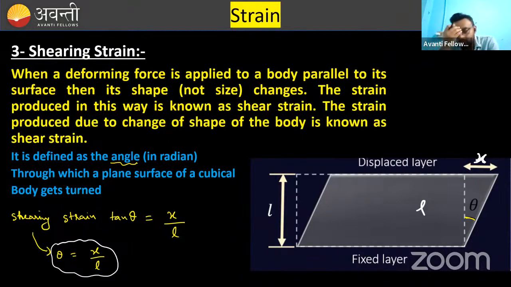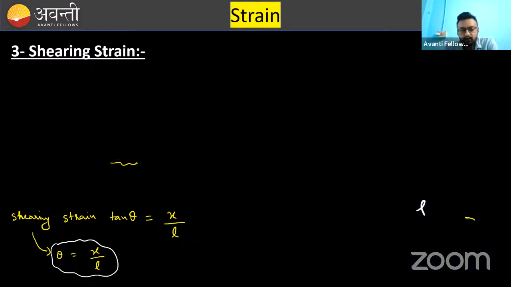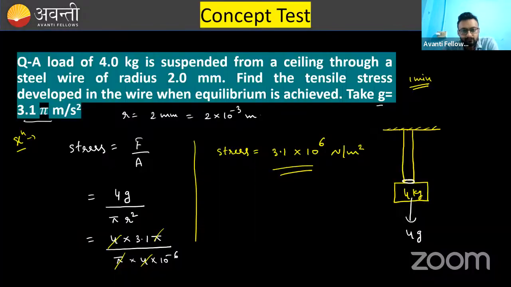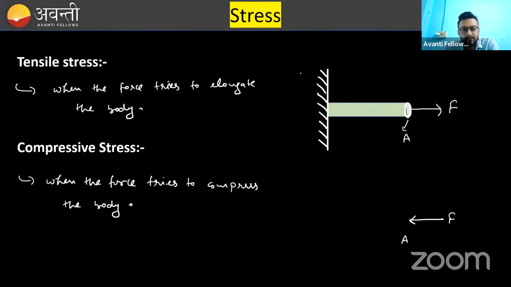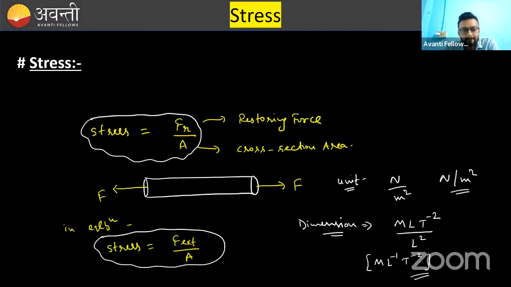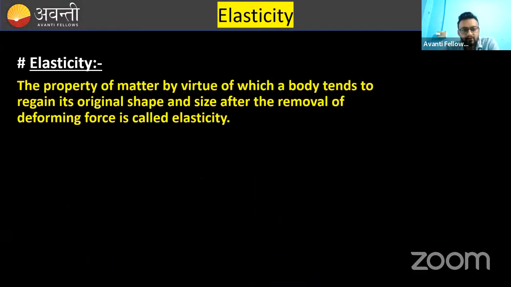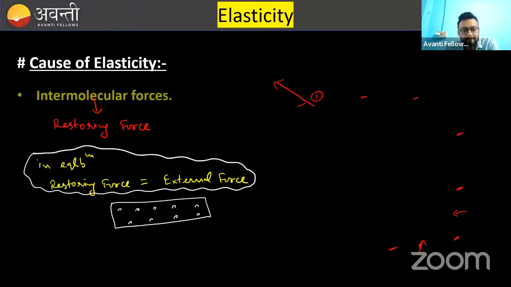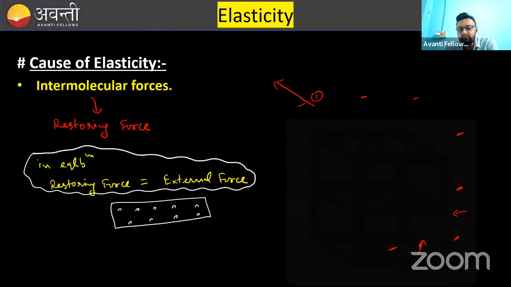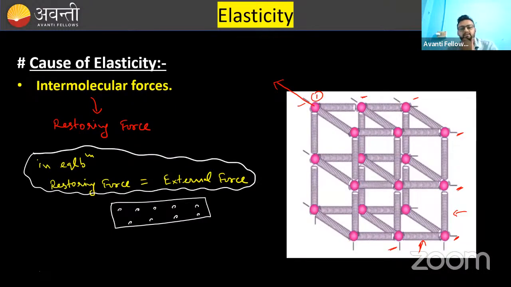And in equilibrium, as I have told you, these restoring forces are equal to the external forces. That's what we have studied. We have also produced the analogy of the spring block system. I think it is clear to you.